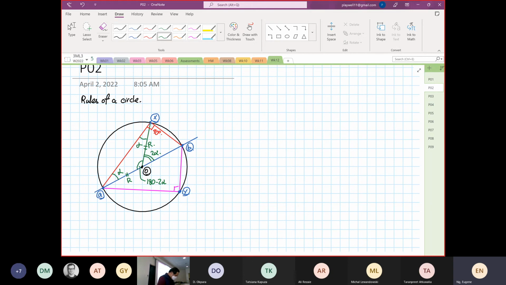I'm going to take my protractor to measure that angle. Alpha is 25 degrees. If I measure my 2 alpha, it is spot on 50 degrees.